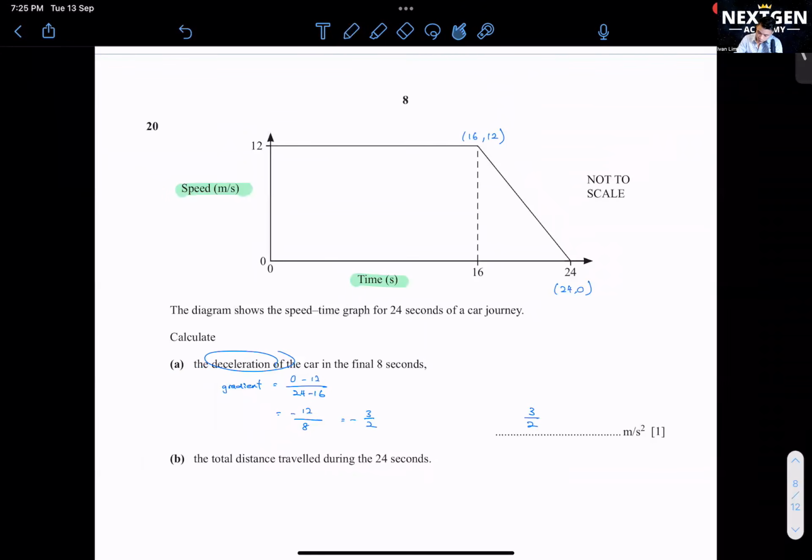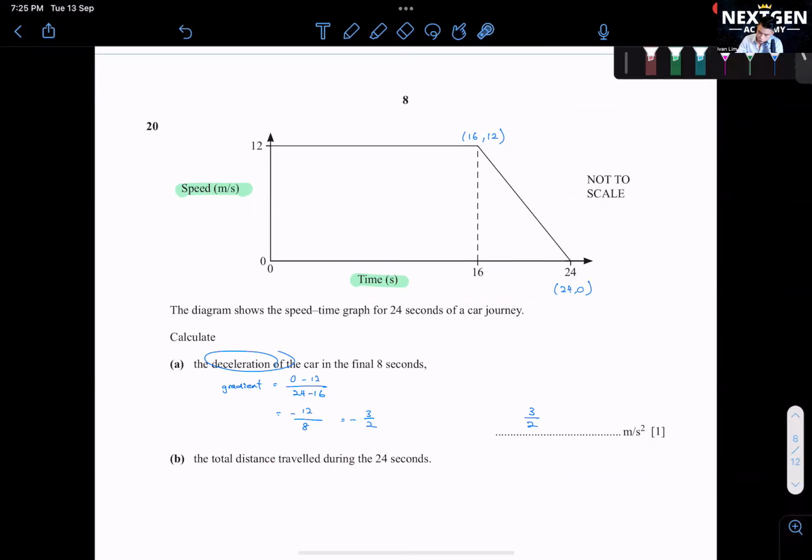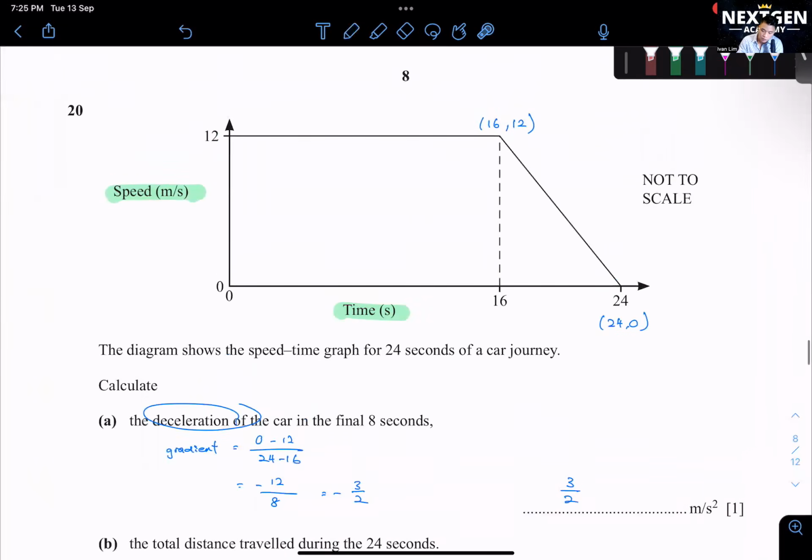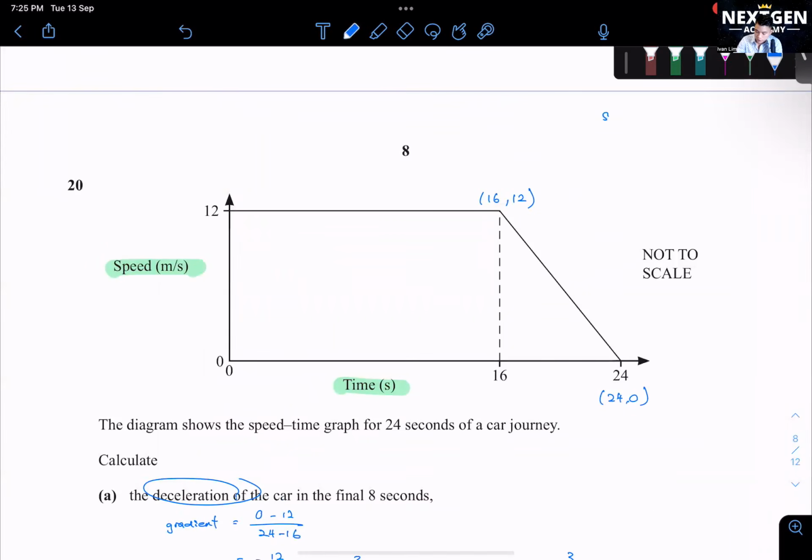Okay, next one. The total distance traveled during the 24 seconds. Number one, actually we need to define first. For a speed time graph, if you don't know this part here, go and watch 7.7 and 7.8 to understand distance time and speed time graphs.